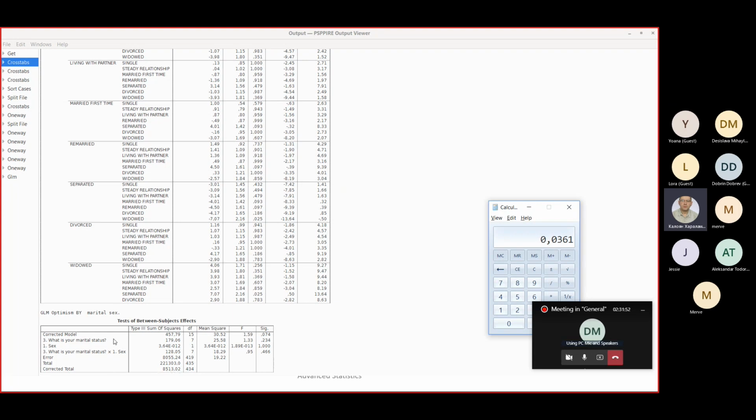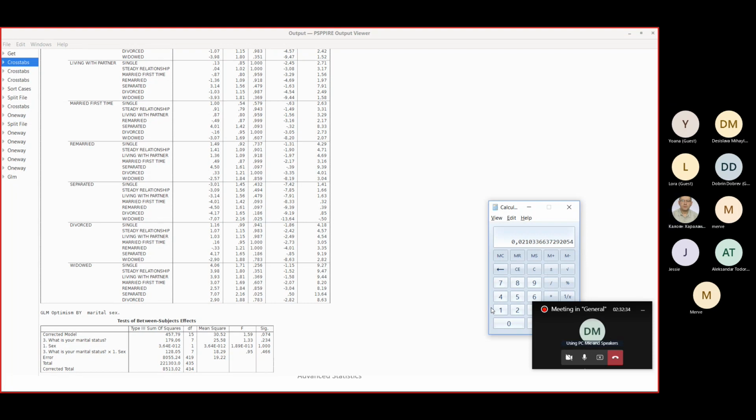So for the marital status, 179.06 divided by 8,513.02, and the result is 2.1%. That means that 2.1% of the variance of optimism is explained by marital status under the condition that gender is constant.